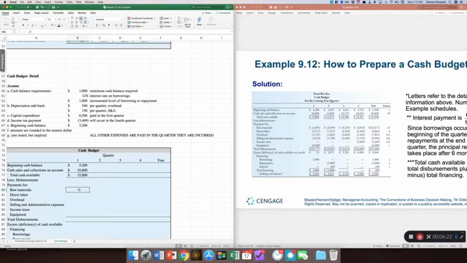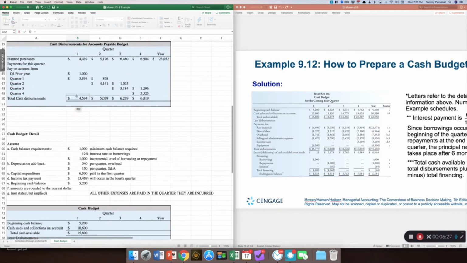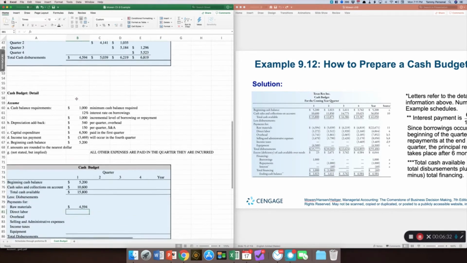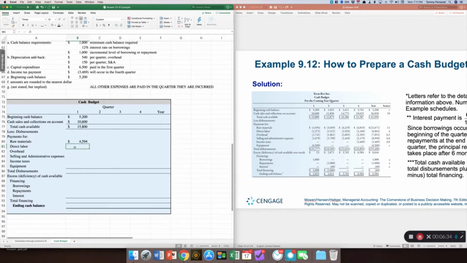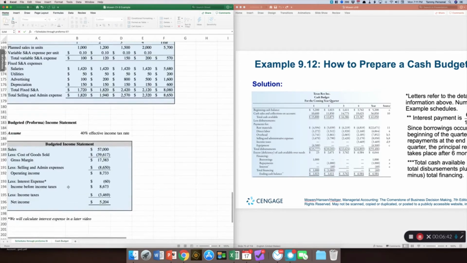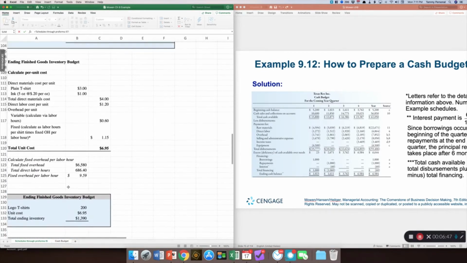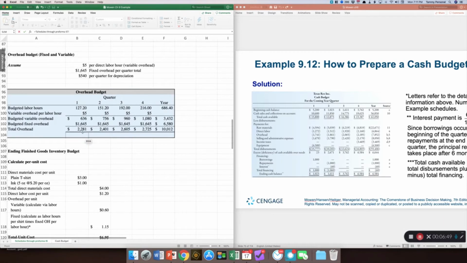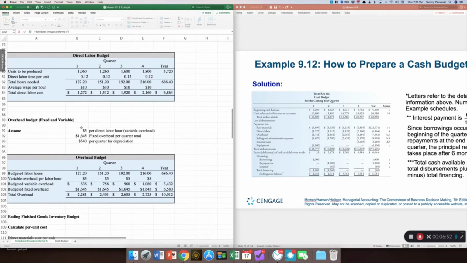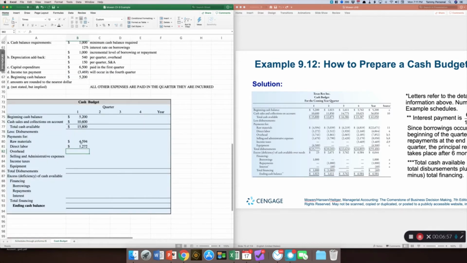Now, we picked up our raw materials from up here. Cash disbursements for raw materials. Cash disbursements for direct labor. We're going to have to go over to that other schedule to find the labor schedule. Oops, that's overhead. Our direct labor, $1,272. Our overhead.